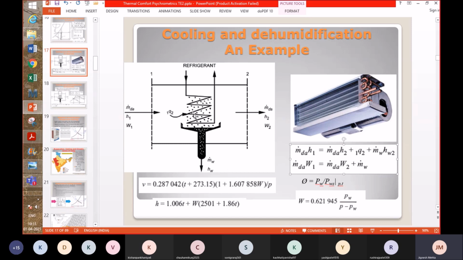The conversion from vapor to liquid happens inside the system, and that is included in this heat removal, right? So this Q12 takes care of sensible cooling as well as latent cooling. But the mass which is leaving the system carries some enthalpy, mass of water, and that you have to accommodate here. And finally, the air coming out of the system is m dot dA H2. It has this much energy or heat.